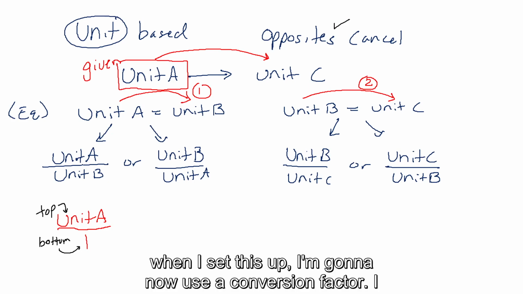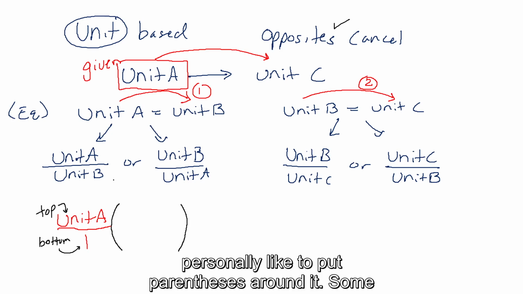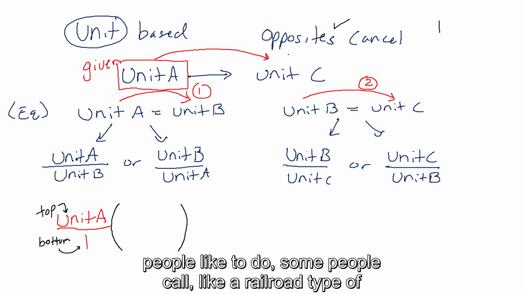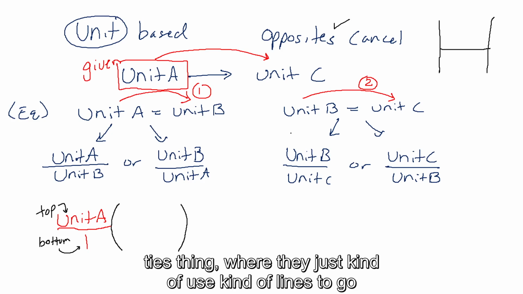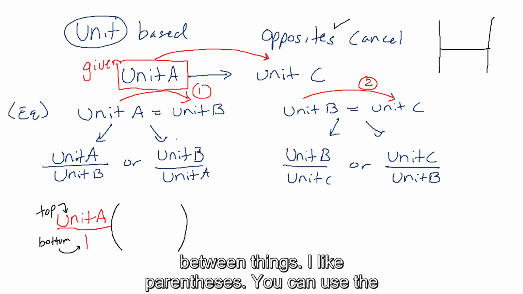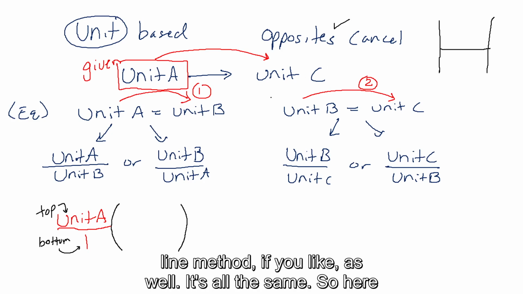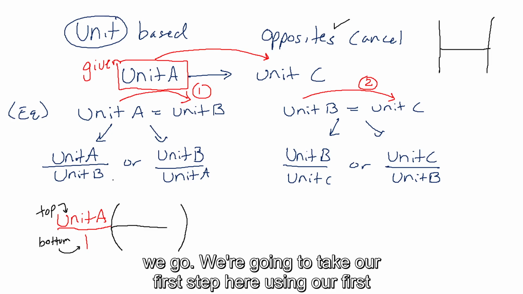So when I set this up, I'm going to now use a conversion factor. I personally like to put parentheses around it. Some people call it a railroad ties thing, where they just use lines to go between things. I like parentheses. You can use the line method if you like as well. It's all the same.